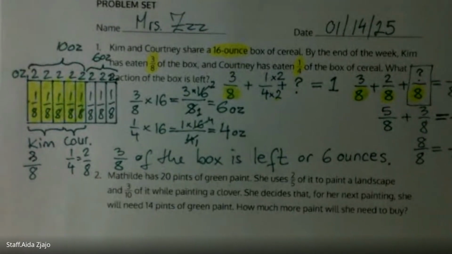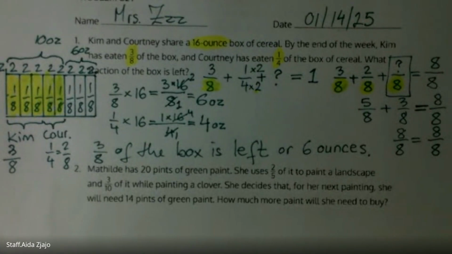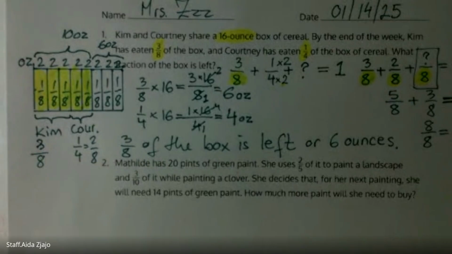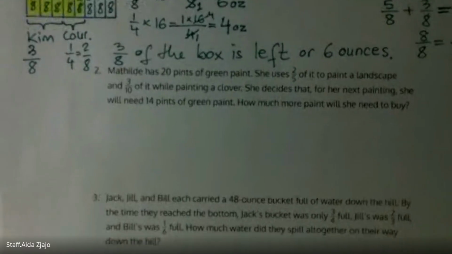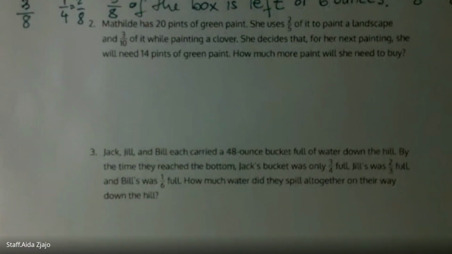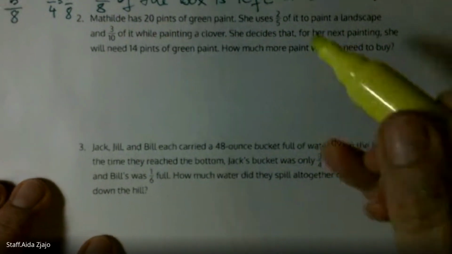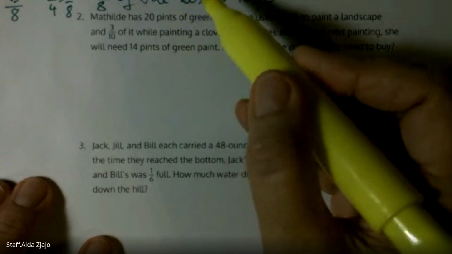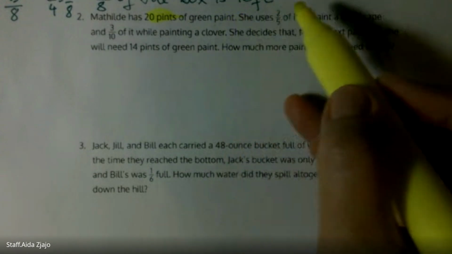Let's see if you can see all of it. Now we're going to go to the next problem. Matilda has 20 pints of green paint.